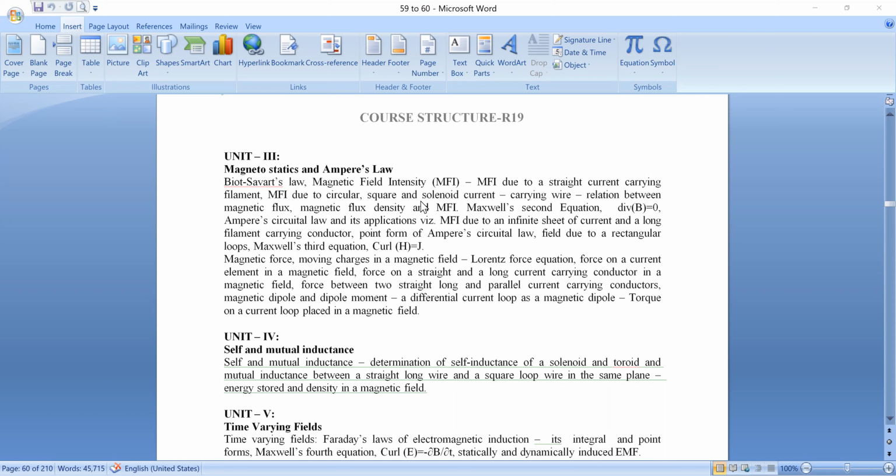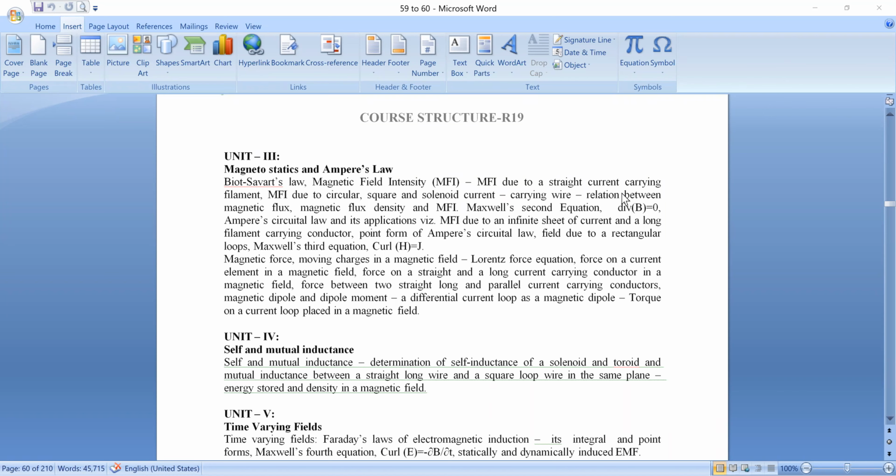So simply these are all the applications of Biot-Savart's law. From the exam point of view, they ask to explain Biot-Savart's law and write any one of the applications. In that case, you have to select any one application, either the circular case, square, or solenoid case.